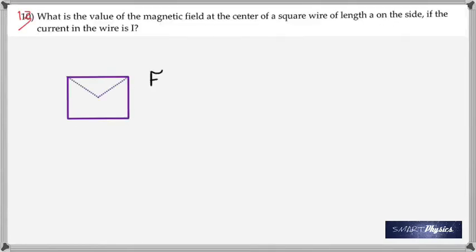13th question is, what is the value of the magnetic field at the center of a square wire of length A on the side if the current in the wire is I? So you have a conductor bent in the form of a square, and you've got to find the field at the center. Just calculate the contributions to the magnetic field due to each segment.